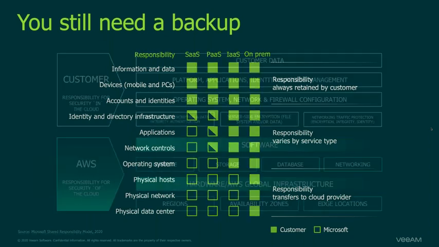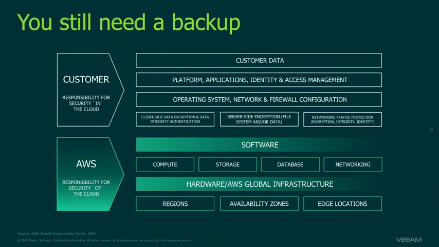And the same really goes for AWS. They have their own shared responsibility model, and it's very, very similar, right? AWS is responsible for security and protection of the cloud. So again, the compute, storage, database, networking, all of the AWS global infrastructure, the facilities, and the customer is responsible again for OS, network, firewall configurations, their platforms, applications, and again, their data, right?